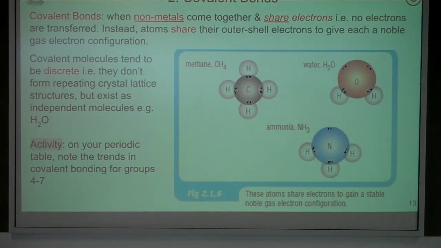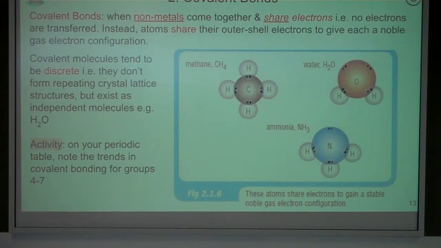Underneath nitrogen, you have phosphorus in group 5. How many electrons does phosphorus want to gain? 3. So how many will it share? 3. What about arsenic? Also in group 5. Are you seeing a pattern here? It's in group 5, it has 5 valence electrons, it wants to gain 3, so it shares 3.